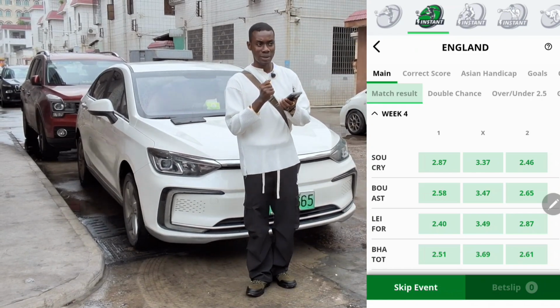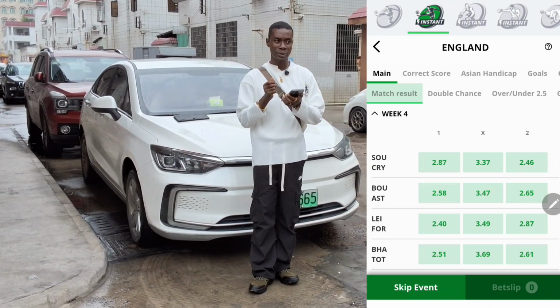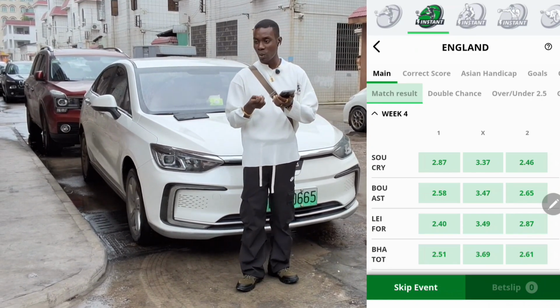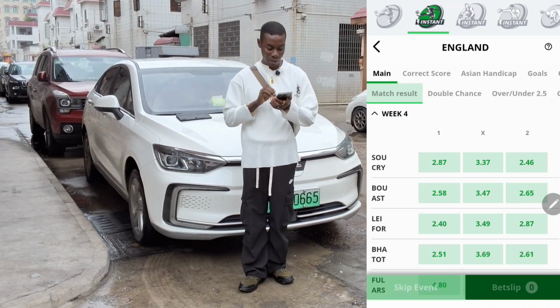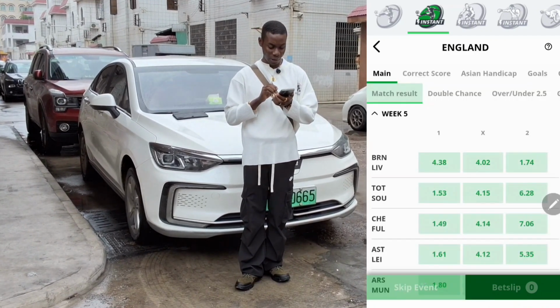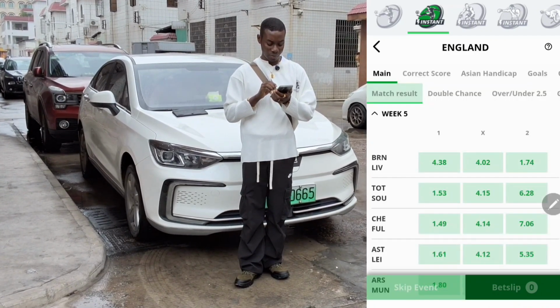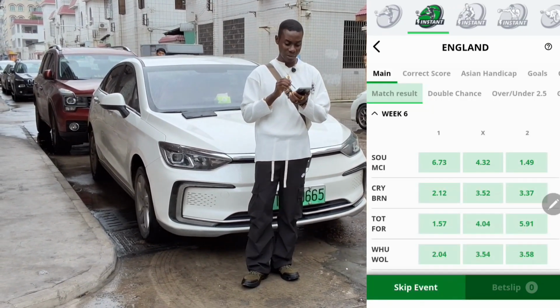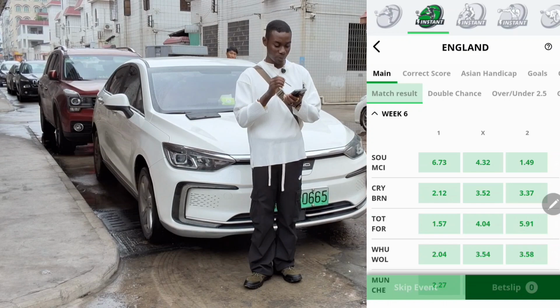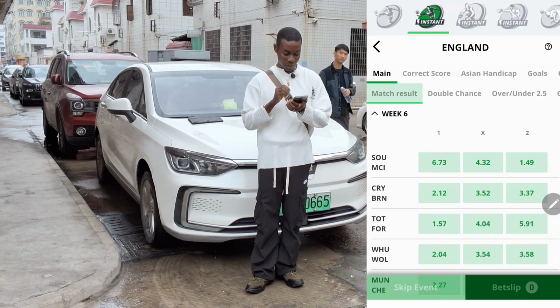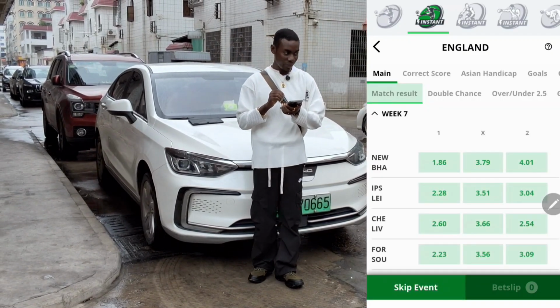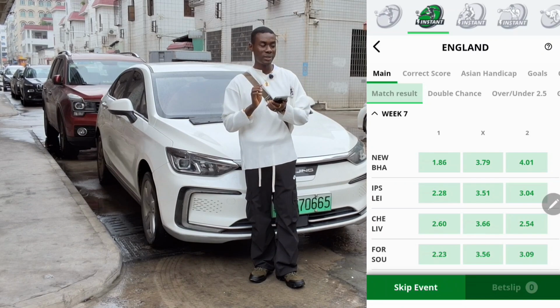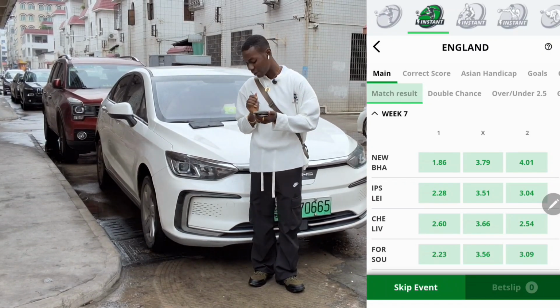I'm going to answer some likely questions like, why am I skipping the entire league when there are lots of games to play? Here is the essence of the skipping. Remember I said in the previous video that the teams are categorized, right?